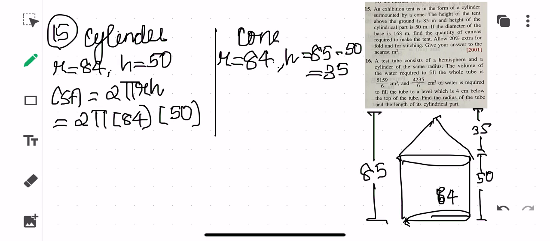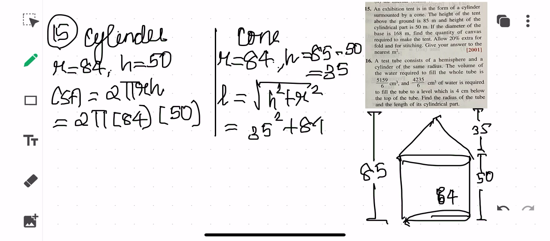Okay, so now what you will be finding, because for calculating the curved surface area of cone you need slant height. So you'll be writing down l is equal to root over of h square plus r square. Okay, so this is equal to how much is h square, children? This is 35 square plus 84 square. So you just need to find out 35 square.